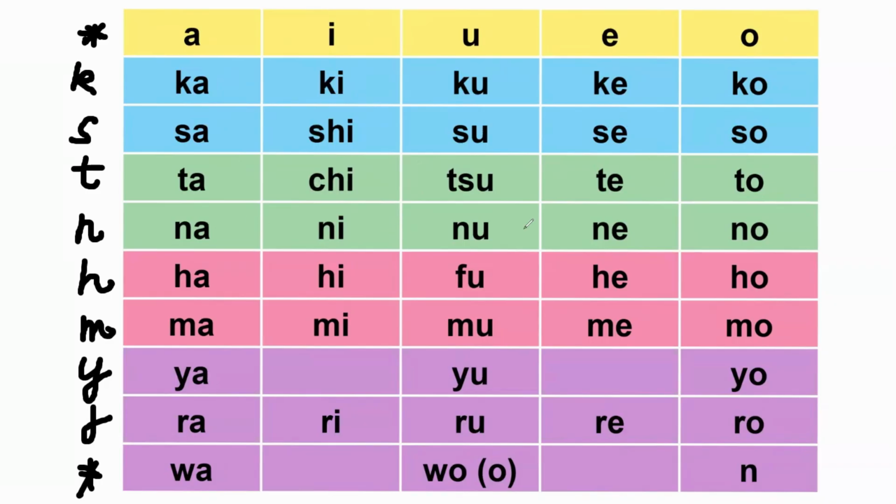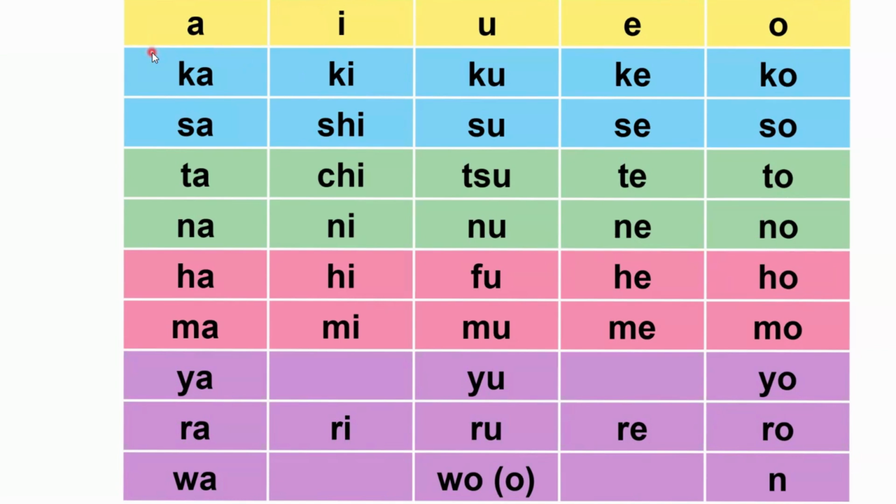Na, ni, nu, ne, no. Ha, hi, fu, he, ho. Ma, mi, mu, me, mo. Ya, yu, yo. Ra, ri, ru, re, ro. Wa, o. So these are all the very important basic sounds.